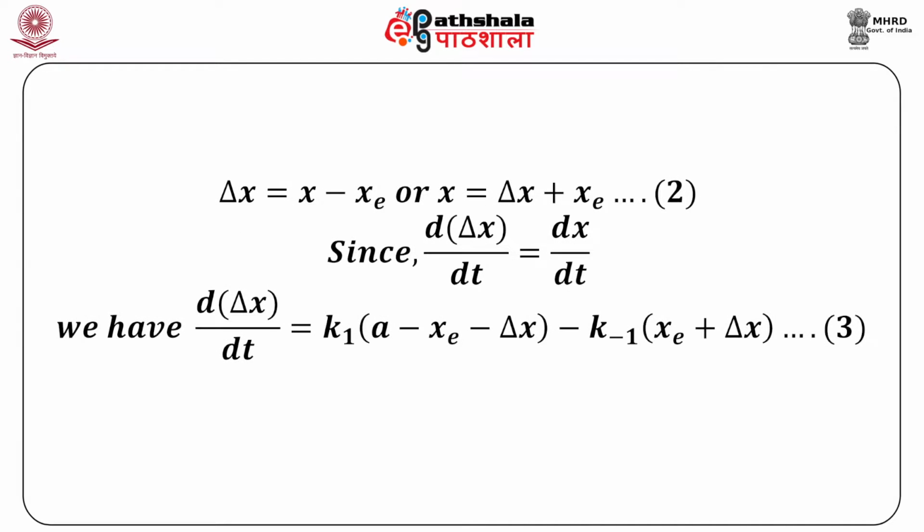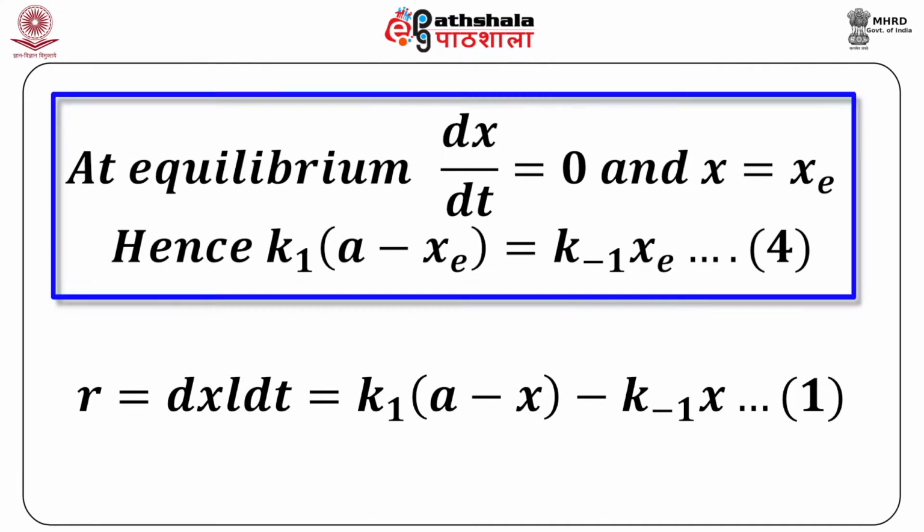If xe is the equilibrium concentration, then delta x equals x minus xe, or x equals delta x plus xe. Since d of delta x by dt equals dx by dt, we have d of delta x by dt equals K1 into (A minus xe minus delta x) minus K minus 1 into (xe plus delta x).